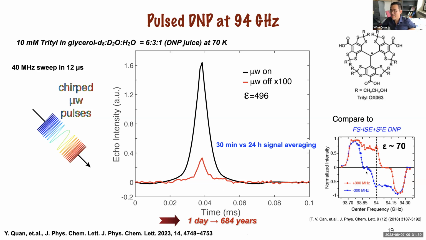Also, at that time we were using a kilowatt EIK, and now we only have about 250 watts or 300 watts due to the aging of the EIK, but we get much better enhancement. So for this, I want to point out that by having a better understanding of the spin dynamics of what's going on with your spin system, you can much better do your DNP or any type of experiments, I would say.